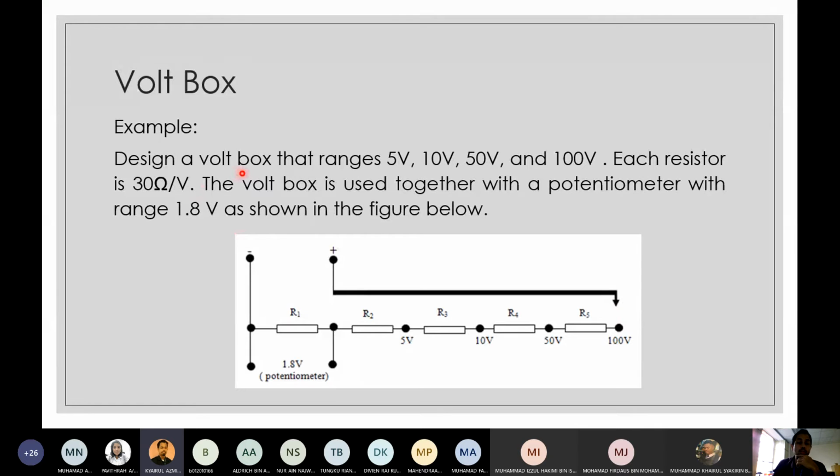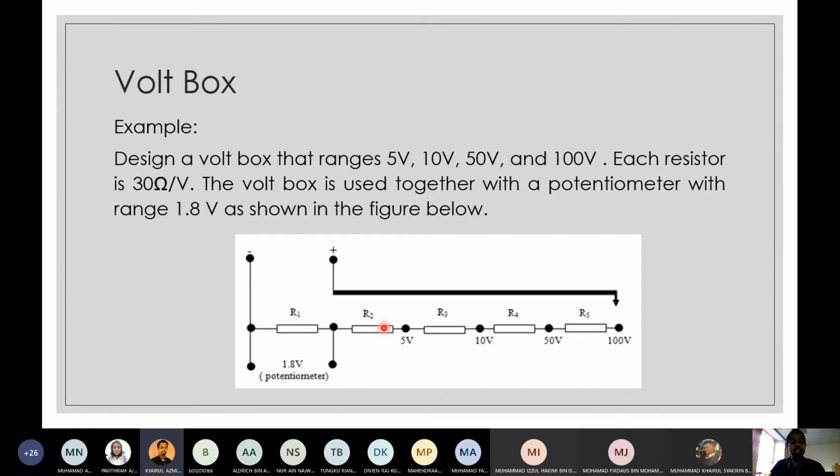Design a volt box with the ranges 5 volts, 10 volts, 50 volts and 100 volts. Each resistor is 30 ohm per volt. Okay, this is not a fixed resistor, but the resistor has a value that depends on the voltage. So 30 ohms per volt. So kalau you imagine this resistor is not like a normal resistor that you use, but actually you can adjust the resistor level.